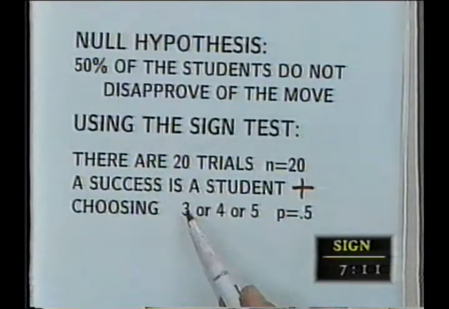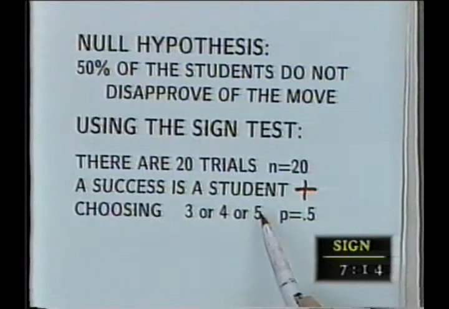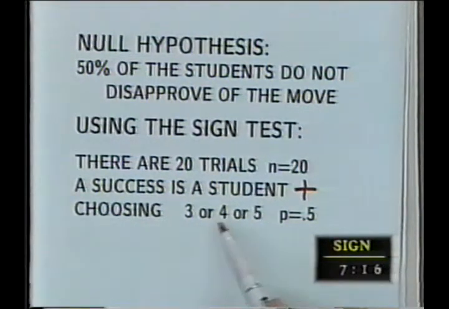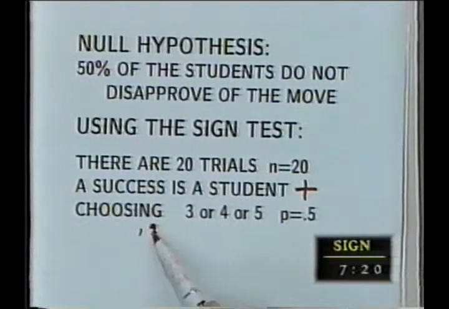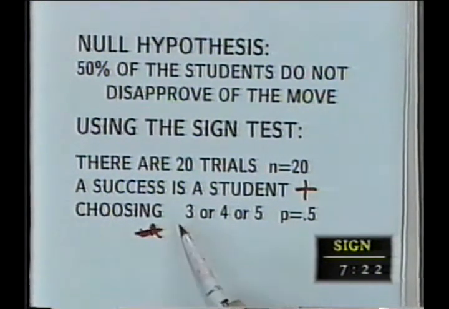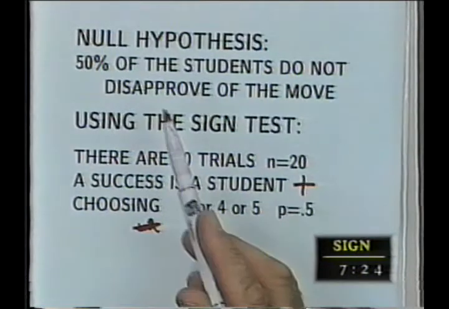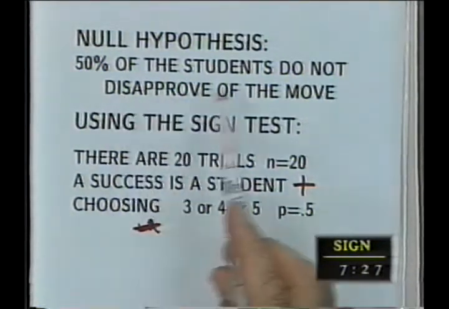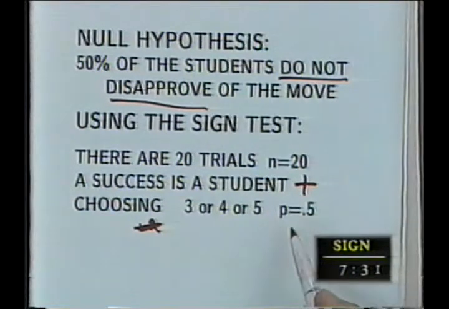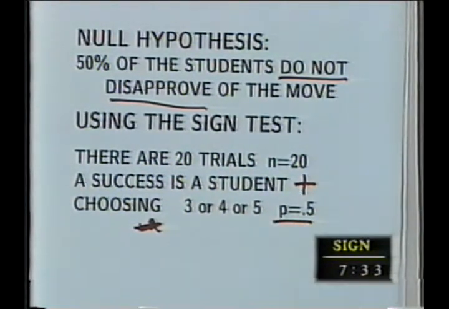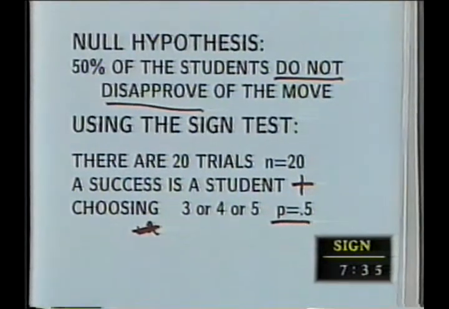If they're neutral or approve or mildly approve, they don't disapprove. Of course, if they give a 1 or a 2, then clearly they disapprove. So we'll exclude those, and 3, 4, or 5 will be do not disapprove. So now of course the probability we're saying is 0.5. That's the null hypothesis.